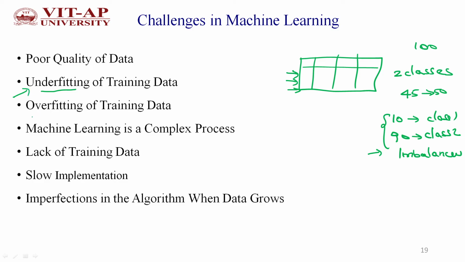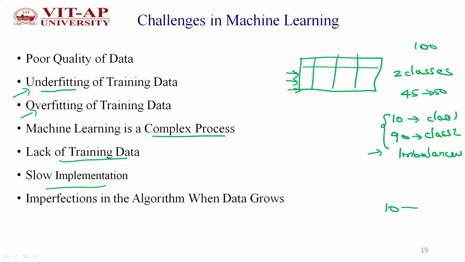Then underfitting and overfitting, in training and testing, where the model will fit too closely into the training data. Machine learning is a complex process because we have to choose the perfect algorithm for the given problem statement. And if there is a lack of training data, if we are having only 10 data points instead of 100, then you cannot train the model by using those 10 data points.